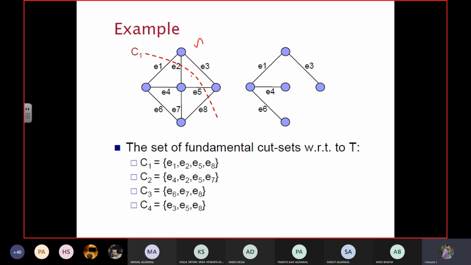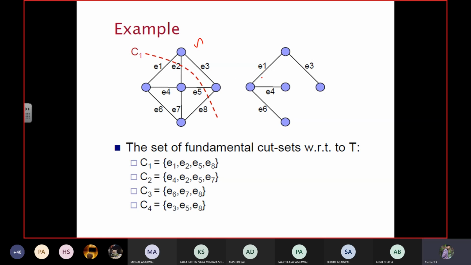Let us go one by one. If the graph is provided to you, you will know what all the cut sets can be derived on this graph G. So how are they linking the spanning tree to the cut set? First, you can try to draw the spanning tree of that original graph.